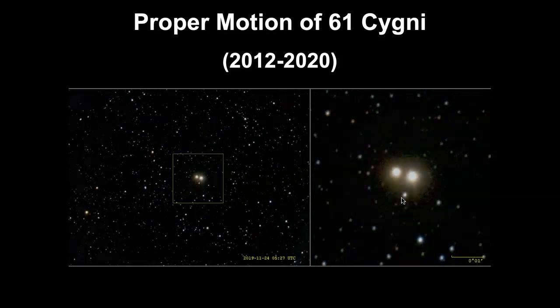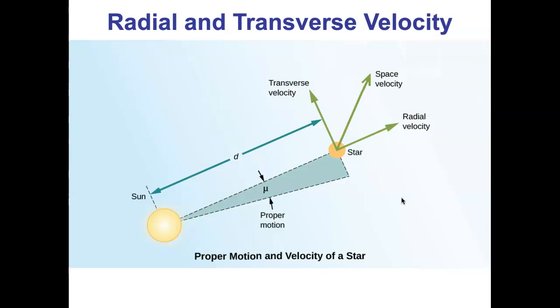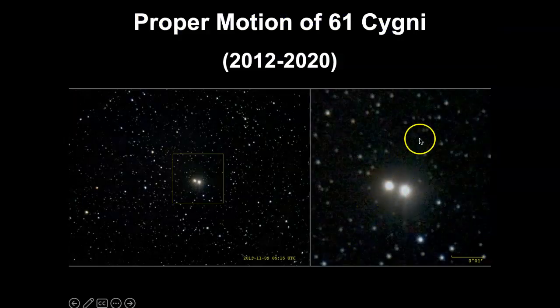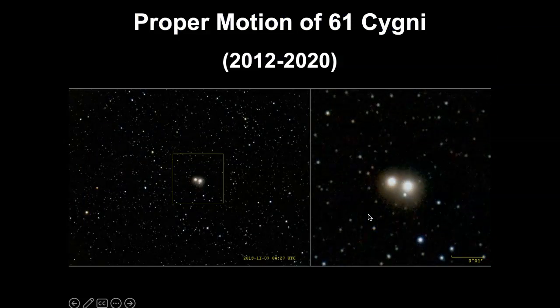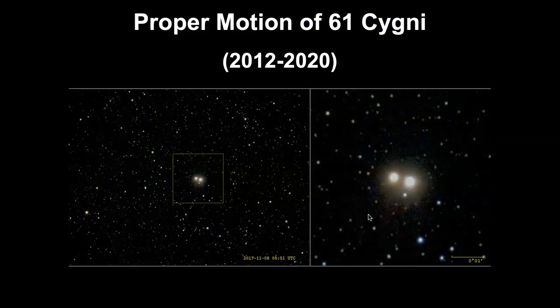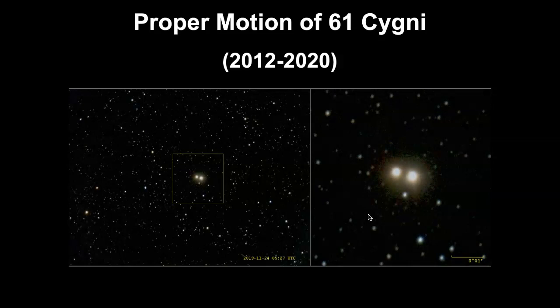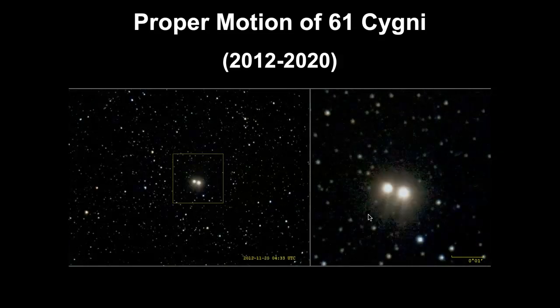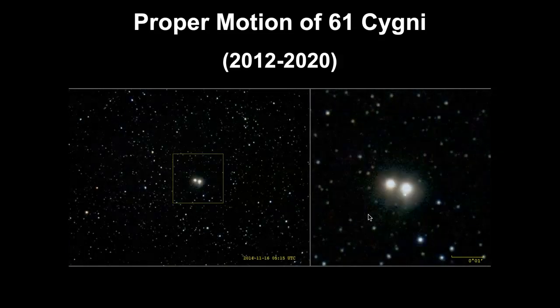Other stars have these tiny little proper motions. You measure these tiny little angles of motion across the sky in decades, right? So measuring the transverse velocity, measuring how this star moves relative to the background stars, how these stars move north, south, east, and west on the celestial sphere, takes years of time and very careful measurements.